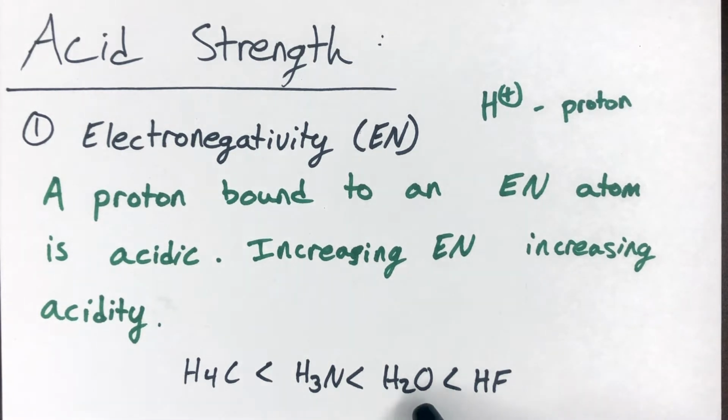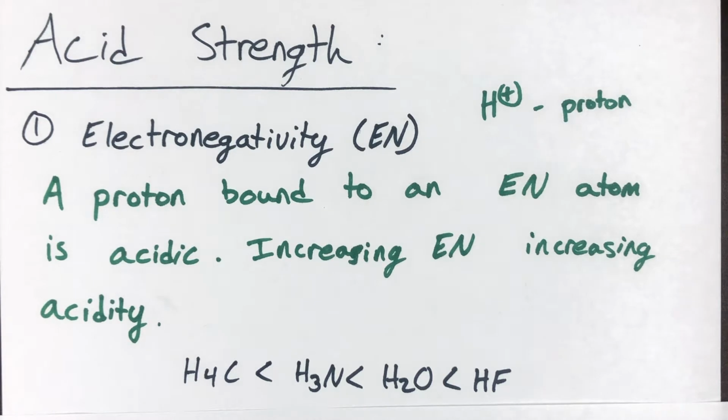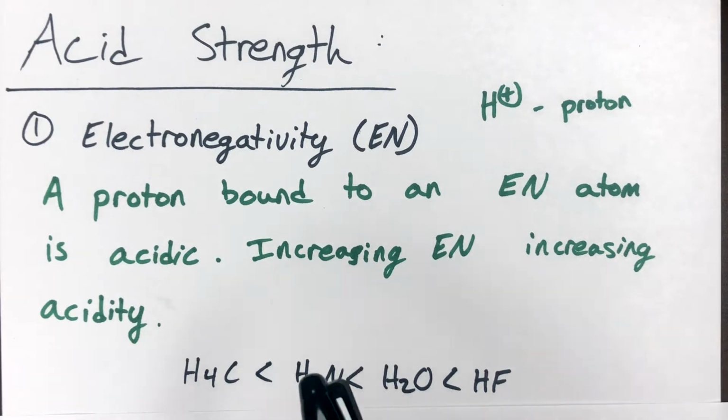Following that same trend, oxygen is more electronegative than nitrogen, so these protons are more acidic as well. And then we go all the way up to fluorine, where that proton is the most acidic in this trend. That is just simply looking at your periodic table and ranking the electronegativity of the atom that is directly bound to the hydrogen. In this case, we're comparing the carbon to the nitrogen to the oxygen to the fluorine.